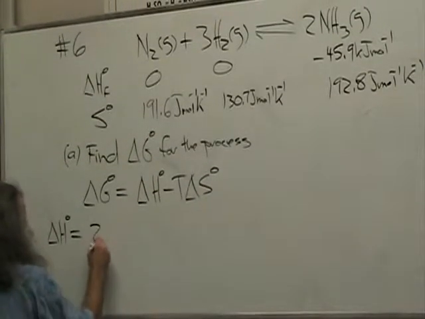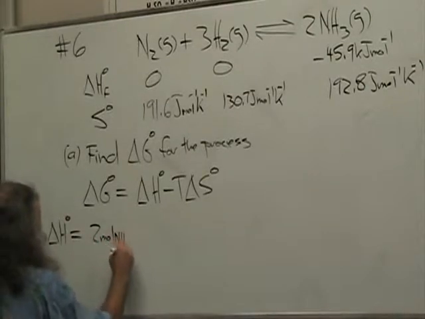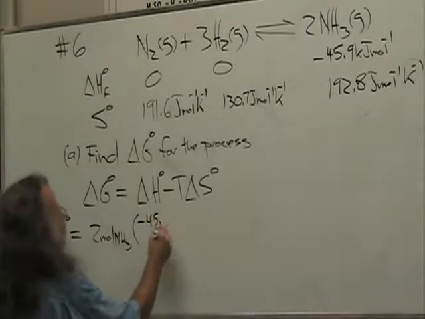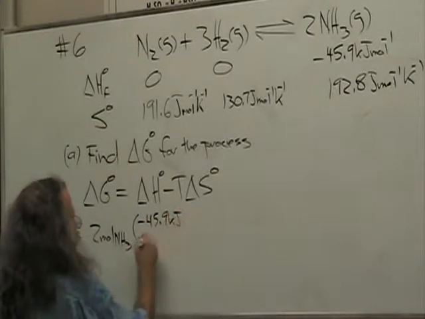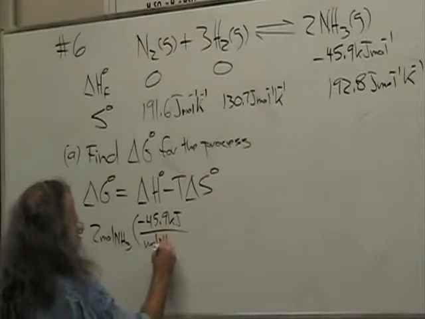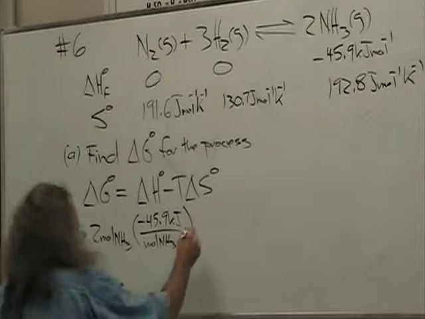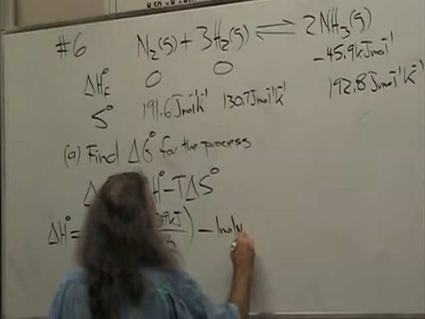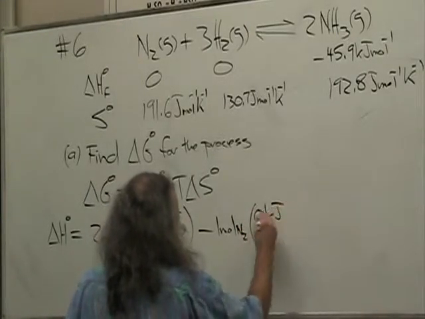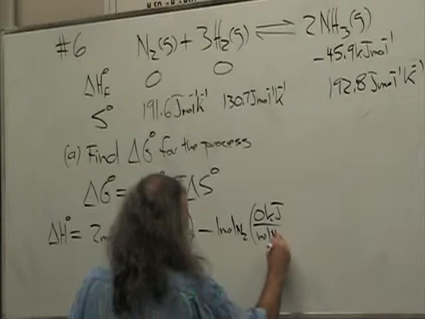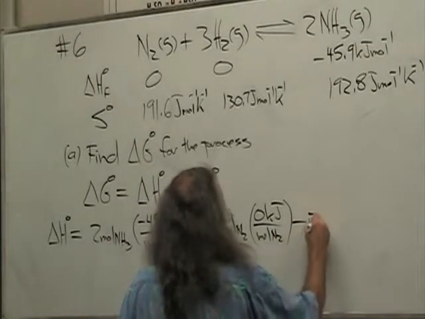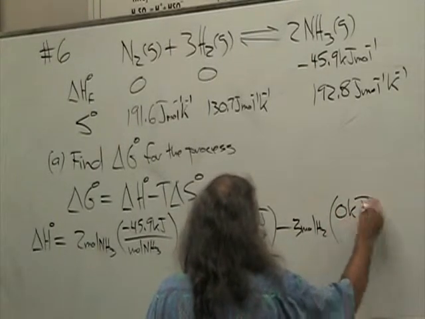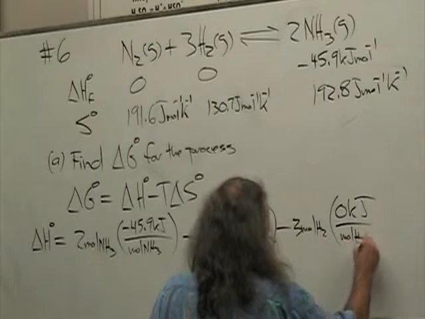It's going to be equal to 2 moles of ammonia times minus 45.9 kilojoules per mole of ammonia, minus 1 mole of nitrogen at 0 kilojoules per mole of nitrogen, minus 3 moles of hydrogen at 0 kilojoules per mole of hydrogen.